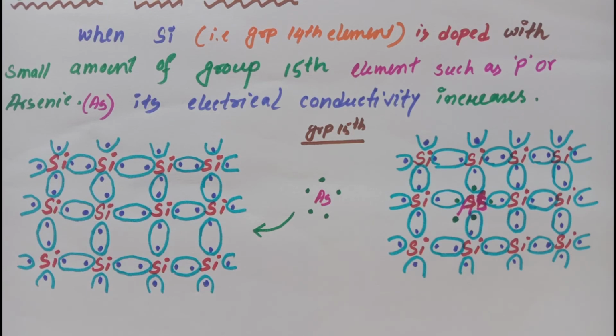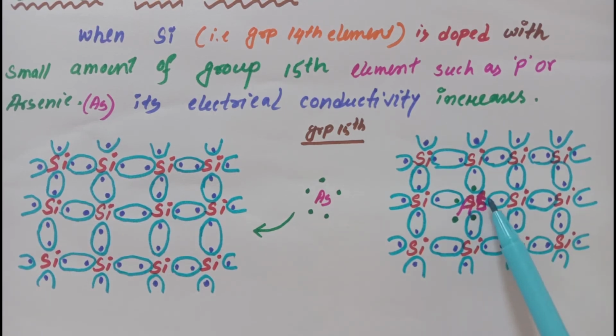When silicon is doped with a group 15 element, some positions of the lattice are substituted by atoms of the group 15 element. See, this is the arsenic atom which takes this position. It has 5 valence electrons: 1, 2, 3, 4 and 5.